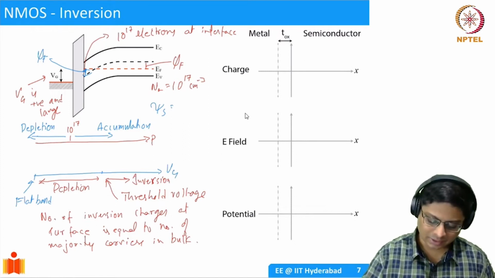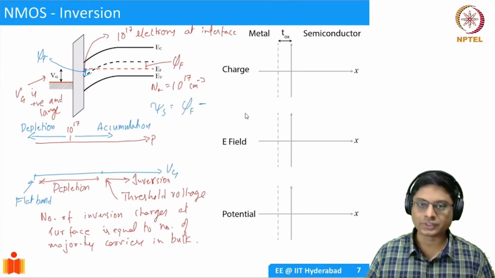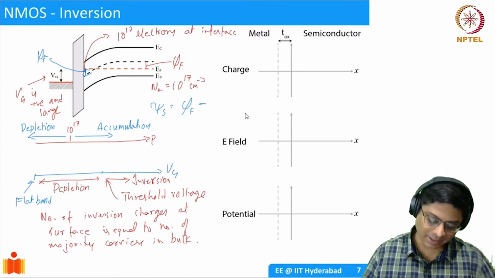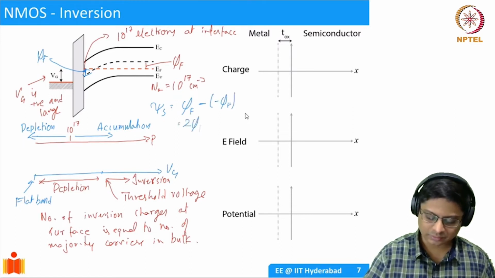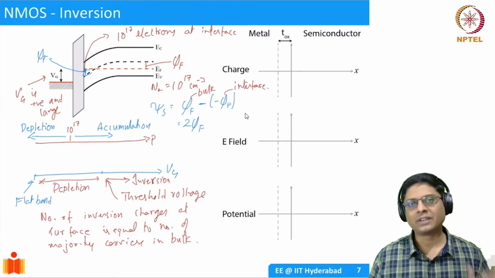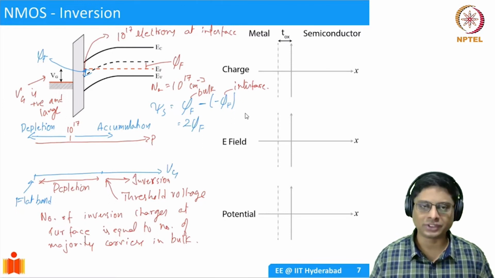In the bulk, it is phi f, and at the surface, it is minus phi f, so the difference is 2 phi f. This is bulk, this is interface. So whenever surface potential reaches 2 phi f, we say that there is inversion.